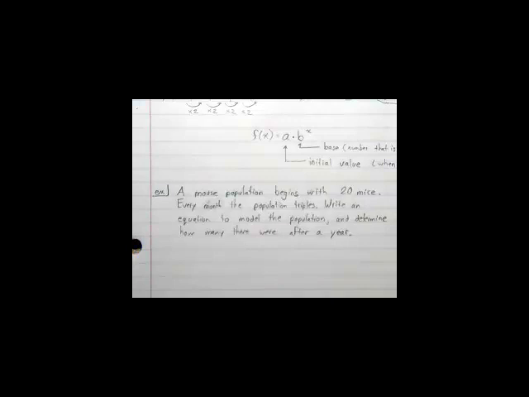So, for this one, what would be our initial value of our mice population? 20. And what's our base? What are we continually multiplying that 20 by? 3, right? It triples, so we have to multiply by 3, multiply by 3.